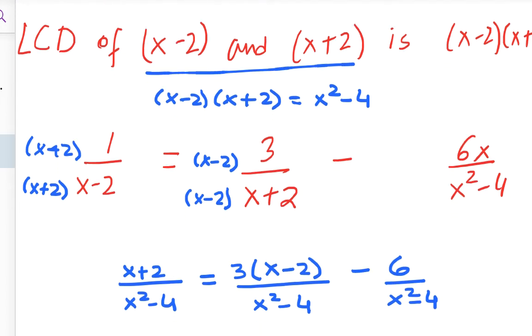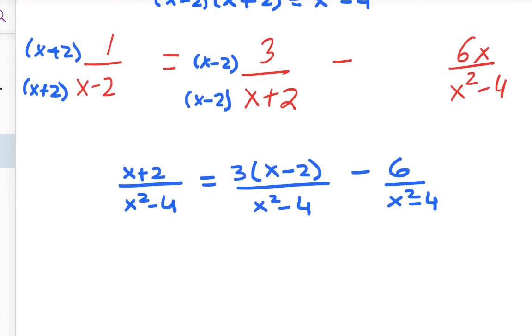Now let's go down and solve it further. Clearly, every expression in this equation has x² − 4 in the denominator. So we can basically multiply this whole equation by x² − 4.